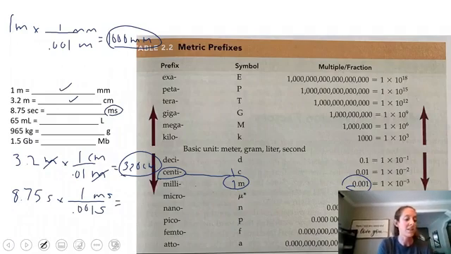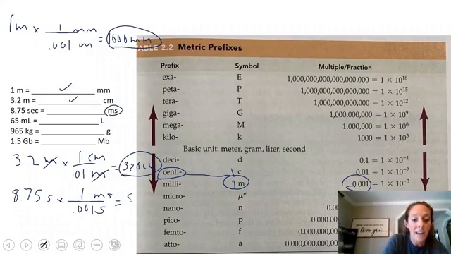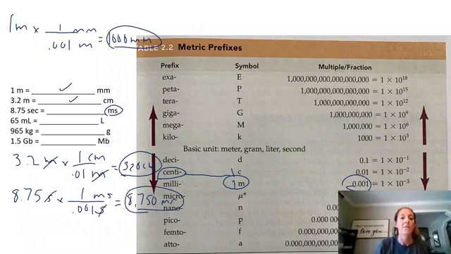So you're just plugging it into your calculator again. 8.75 divided by 0.001 to get 8,750 milliseconds. Seconds and seconds cancel out. Okay, I want you to try, check those last 3.